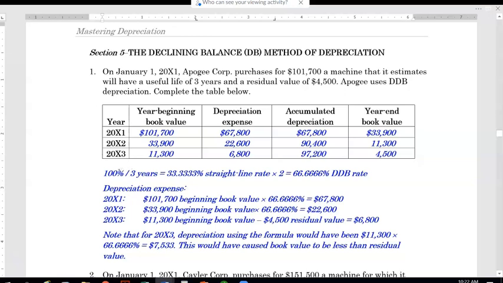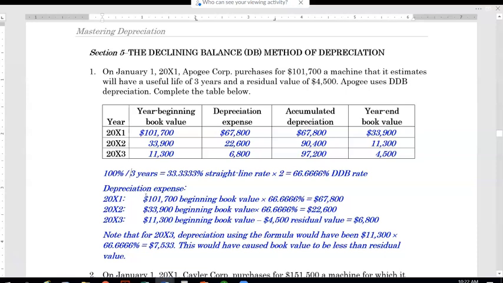So here we go one more time. In order to do double declining, we say 100% of our equipment divided by useful life of, in this case, 3 years, gives us a percentage. That percentage times 2 gives us the double declining balance rate of depreciation, 66.66% in this example.